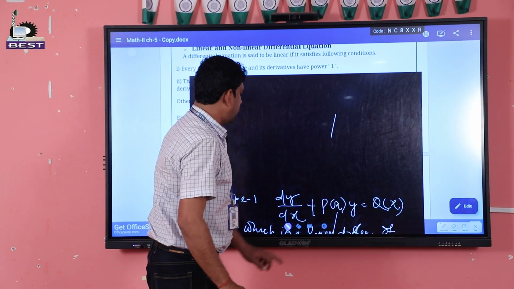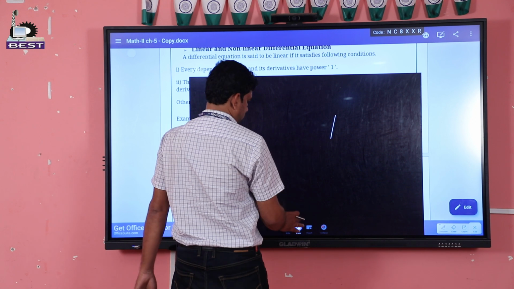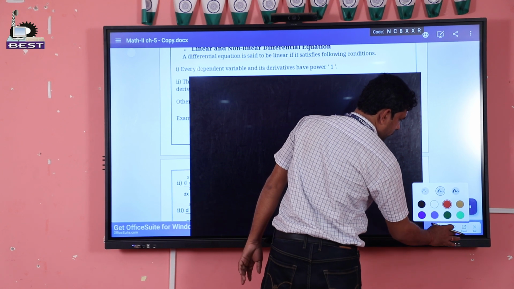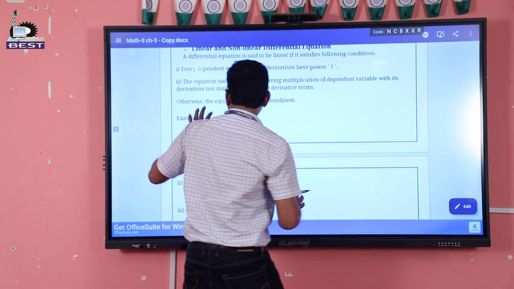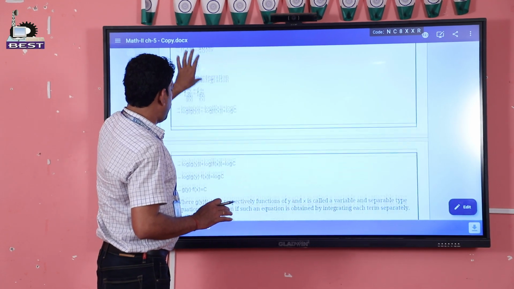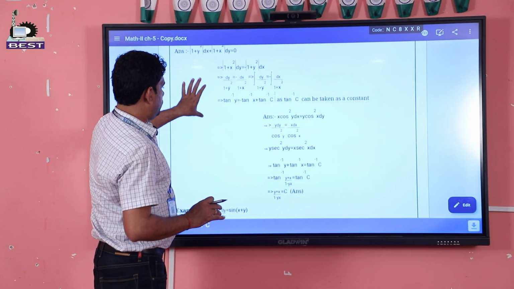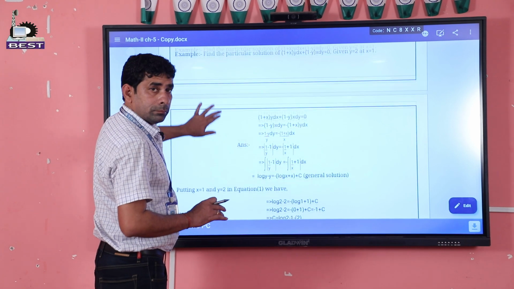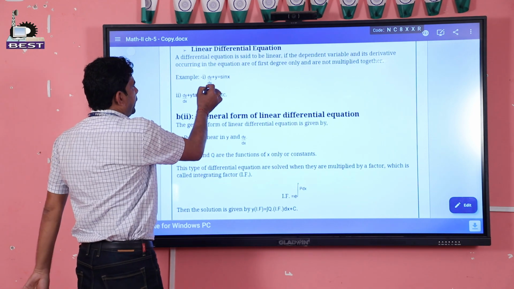Now I am going for this equation. This is the linear equation dy by dx plus y equal to sin x.